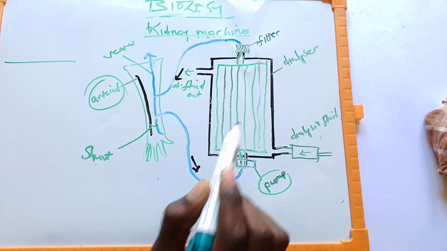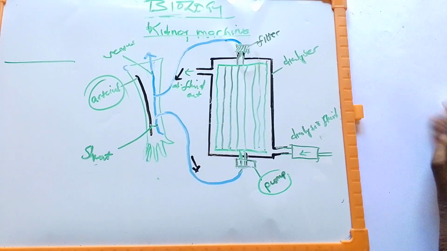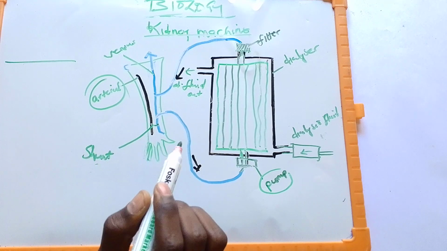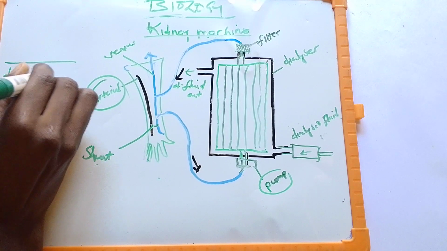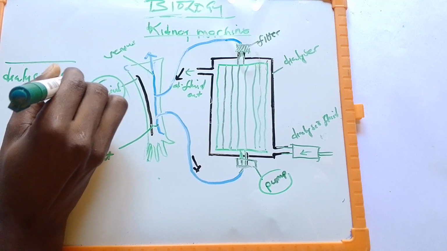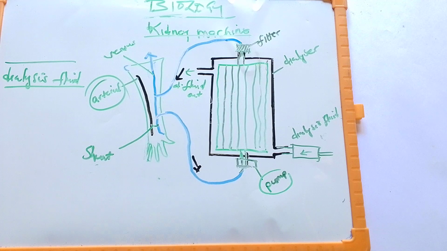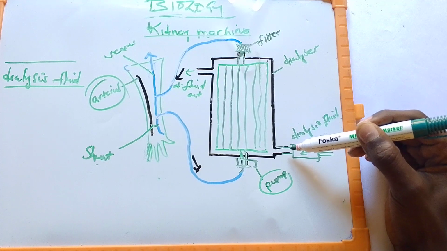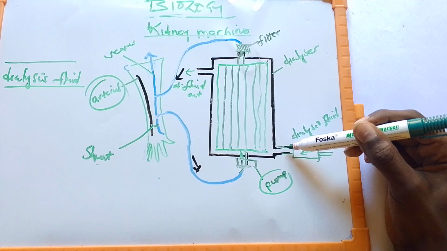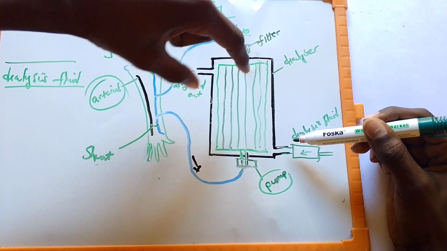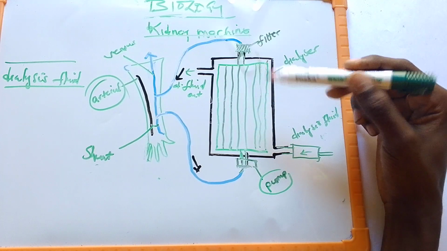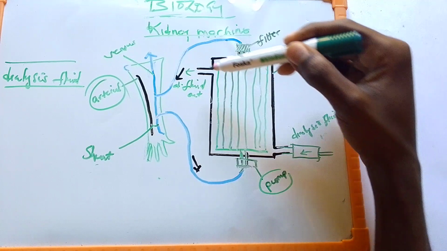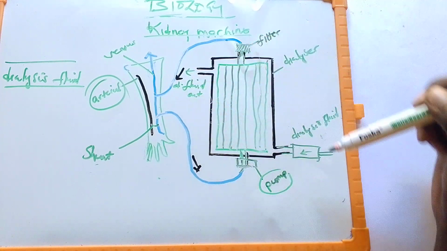Now, the most important feature on this dialysis machine is that we need to understand the concentration of dialysis fluid. So let's talk about the dialysis fluid. This dialysis fluid, which is injected here, ensures that when the fluid outside is dirty with the waste product, it will be taken out from here, then the new one will be pumped in.